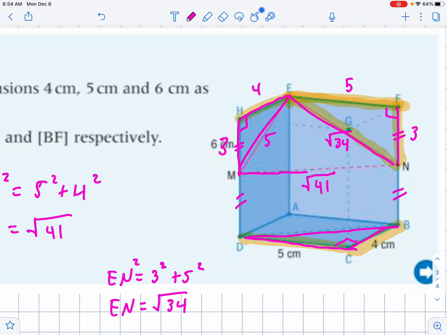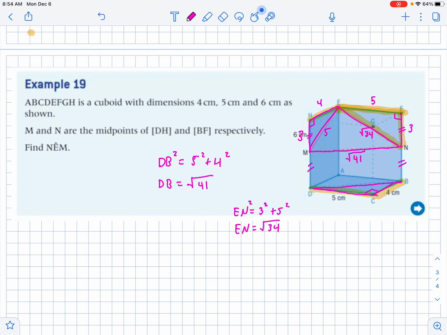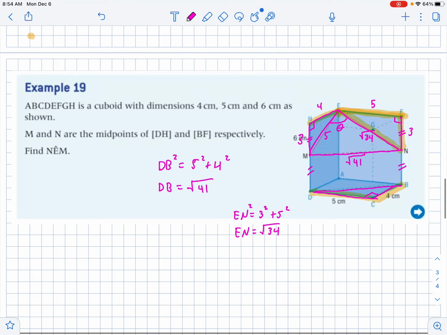Now I have all 3 sides of triangle MNE. Because I have 3 sides and I'm trying to find angle NEM, which is this angle right here, I can use law of cosines.